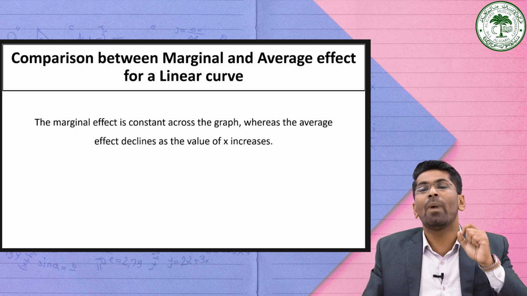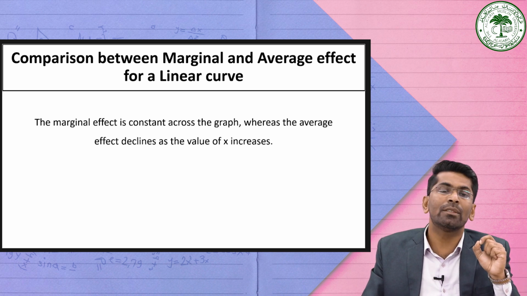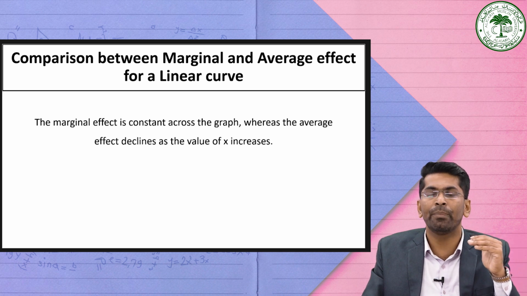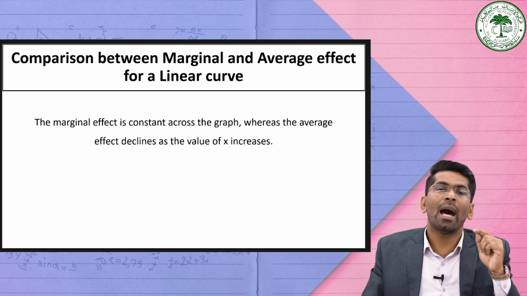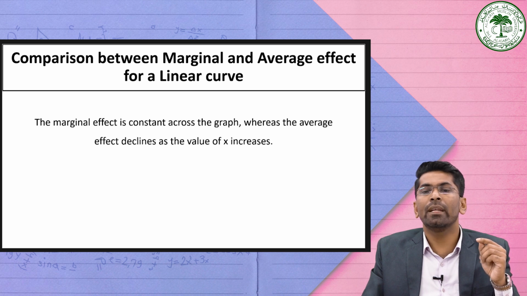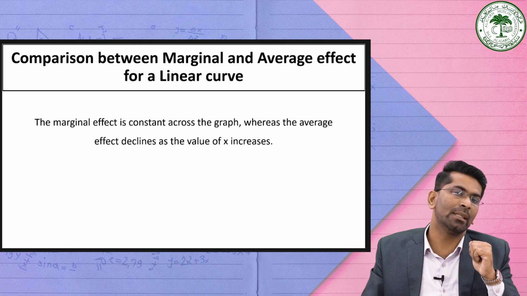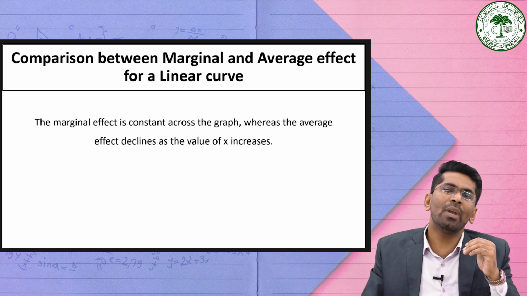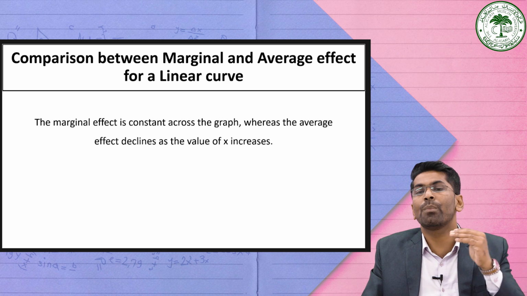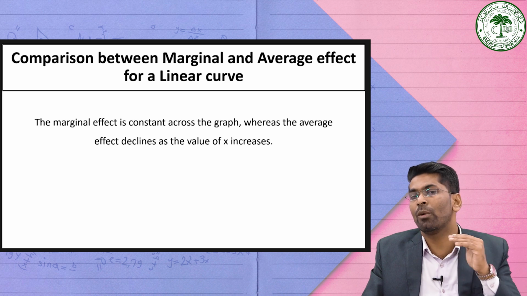So thus the marginal effect of consumption is constant across the linear consumption function, but in the case of average effect, the consumption is declining as income increases in a linear consumption function, which actually reflects the diminishing proportion of income which is spent on consumption.